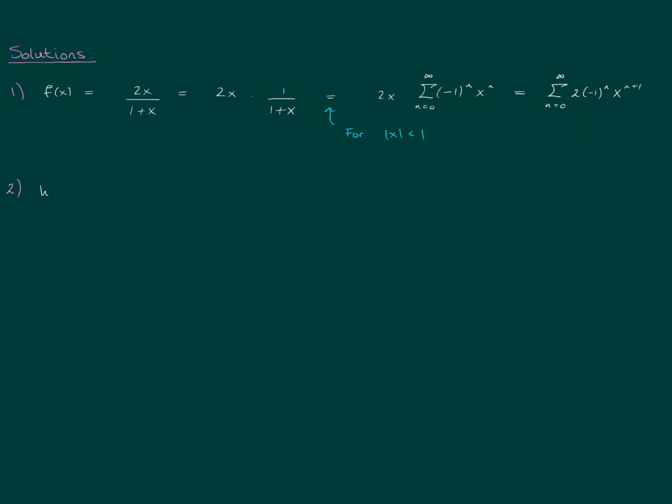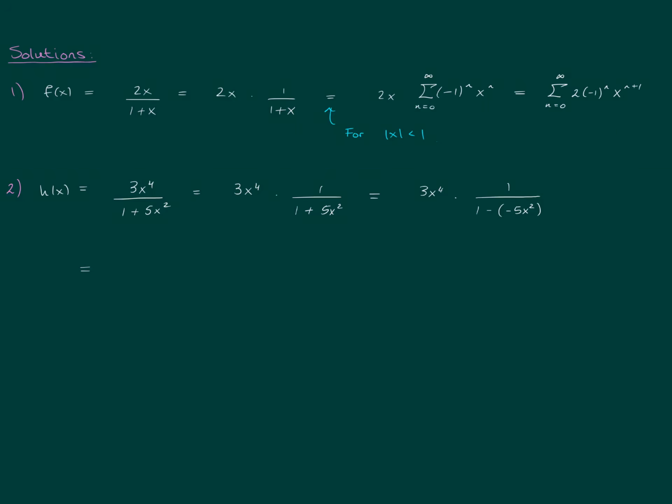Second example, h of x was 3x to the 4 over 1 plus 5x squared. Again, we're going to take out the 3x to the 4. We're going to have that times 1 over 1 plus 5x squared. This is equal to 3x to the 4. Following the same vein, we're going to write the second part as 1 over 1 minus minus 5x squared.